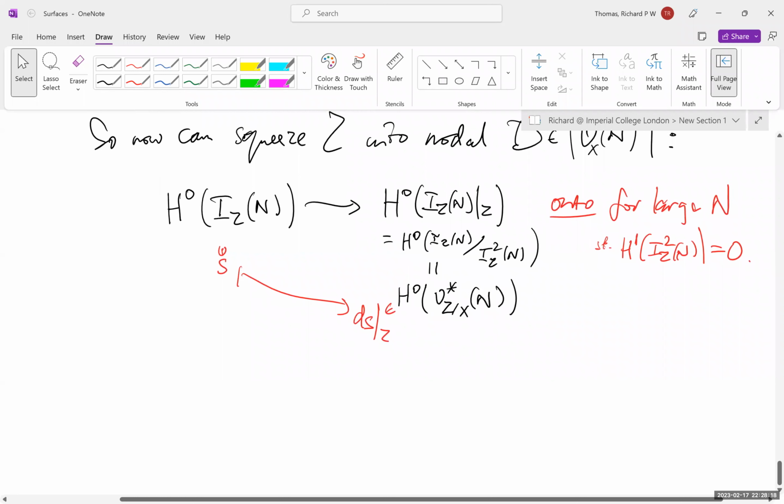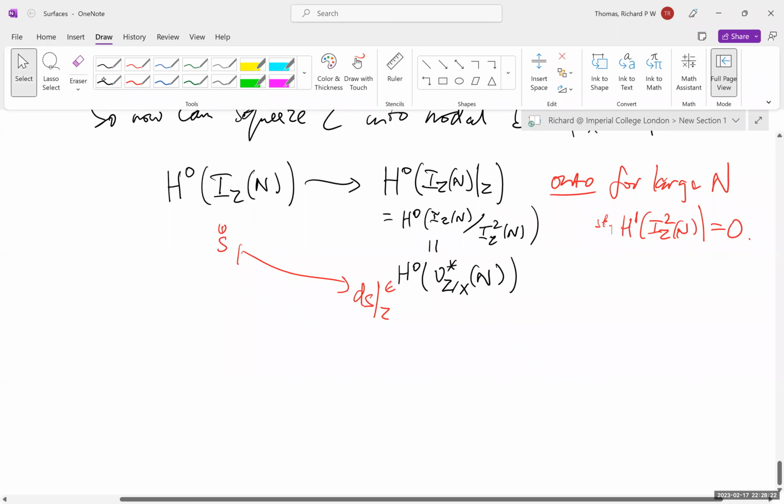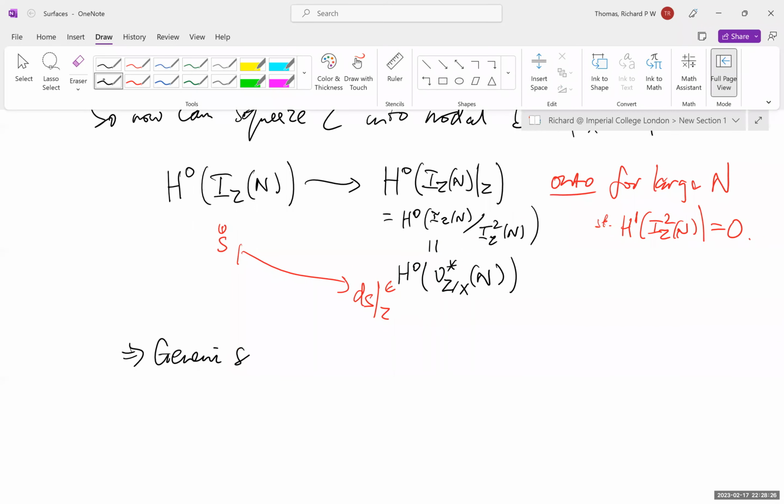Okay, so what you find from this is just the last sentence effectively. So what this shows you is that the generic section, on the left-hand side, by studying the right-hand side, which is for large N generated by sections, the generic section has zero locus.